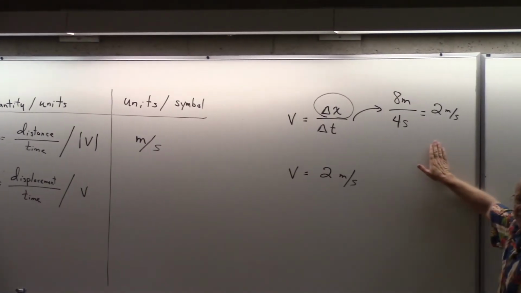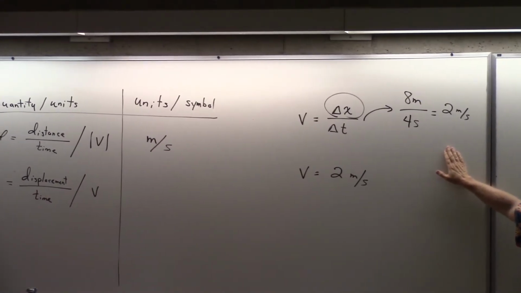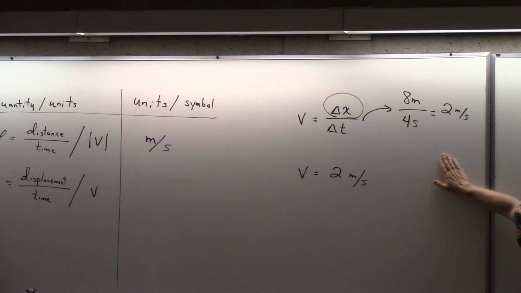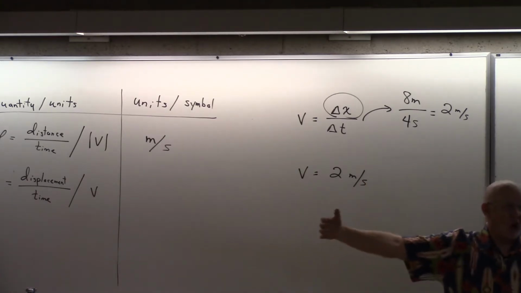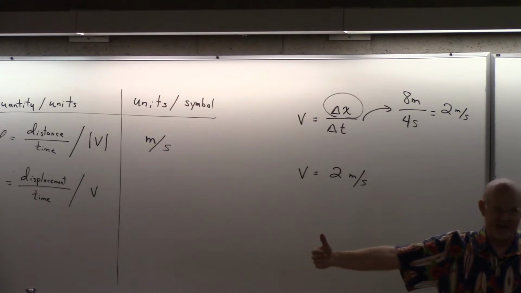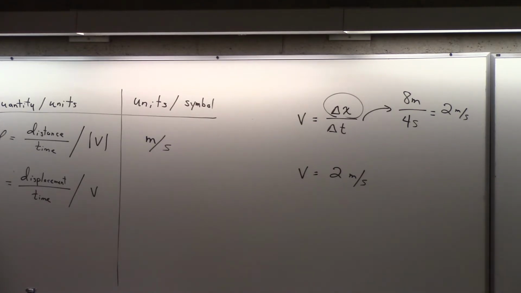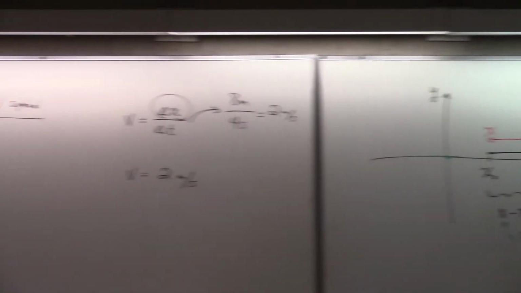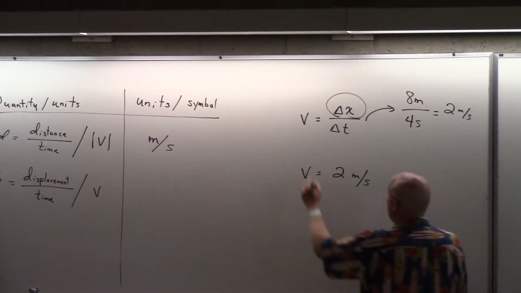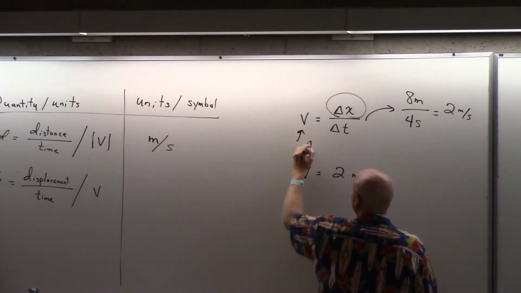This isn't a complete description of what happened, is it? Because during here, I went way more than 2 meters in 1 second. But over here, I went way less than 2 meters in 1 second. You see what I'm getting at? And you said it well. This then is probably best described as what?